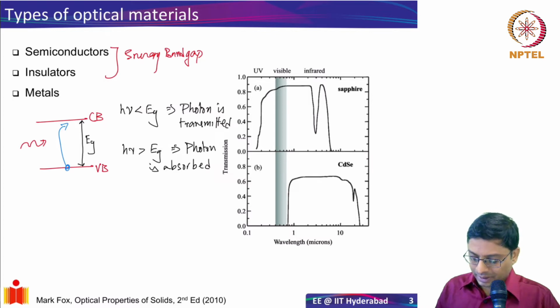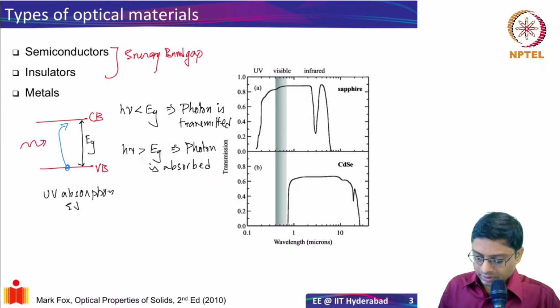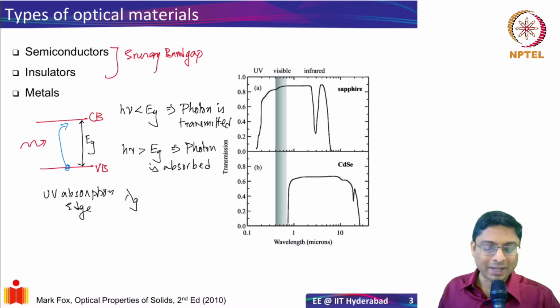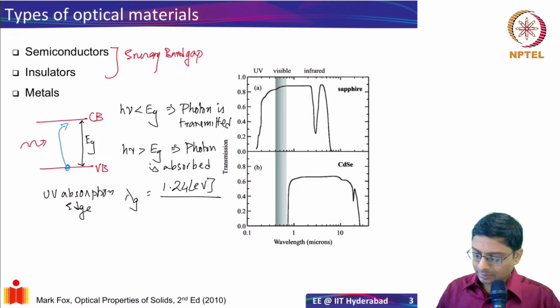So I can also define what we usually call the UV absorption edge, which is lambda, let's say G, associated to the band gap. We have seen this relation in the past: 1.24 eV divided by Eg in eV. That will give you the band edge, and this lambda G will be in microns.